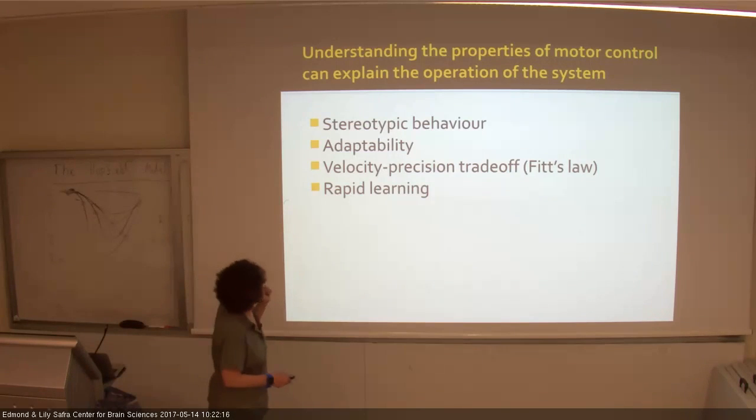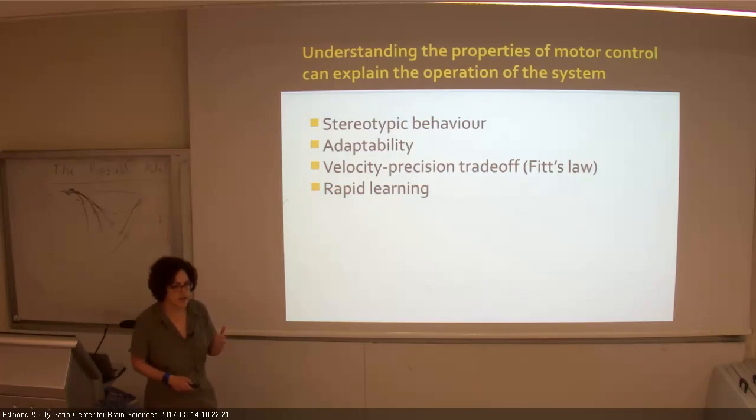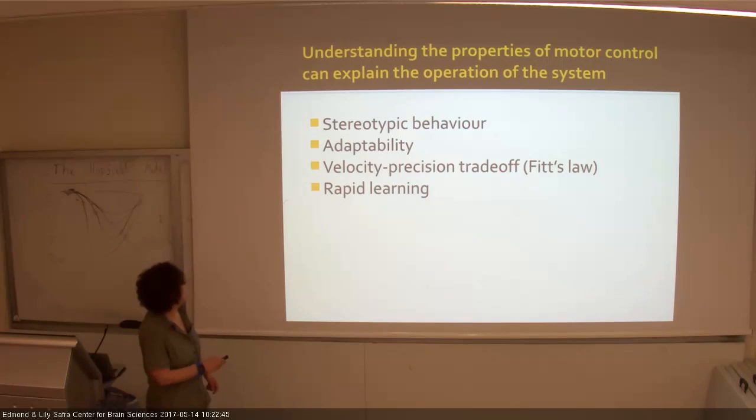And if we look at the properties of the system, there are several properties that in fact suggest very simple behavior. Motor behavior under different conditions tends to be very stereotypical. It tends to be adaptive, and there is some velocity precision trade-off. As we move faster, we are less precise, and we have a rapid learning process.